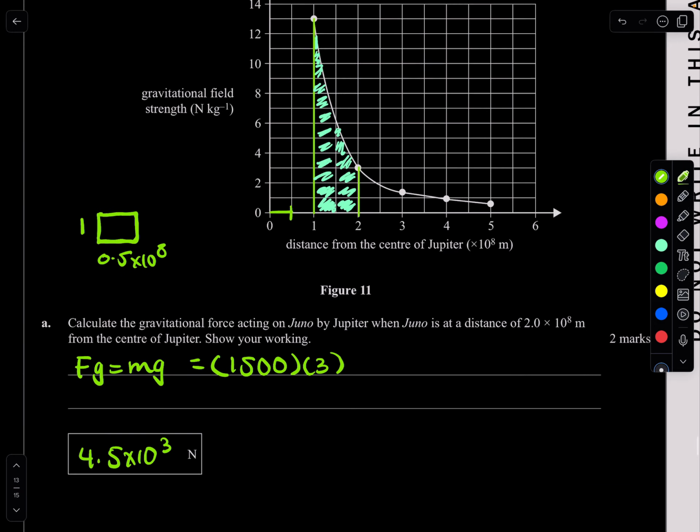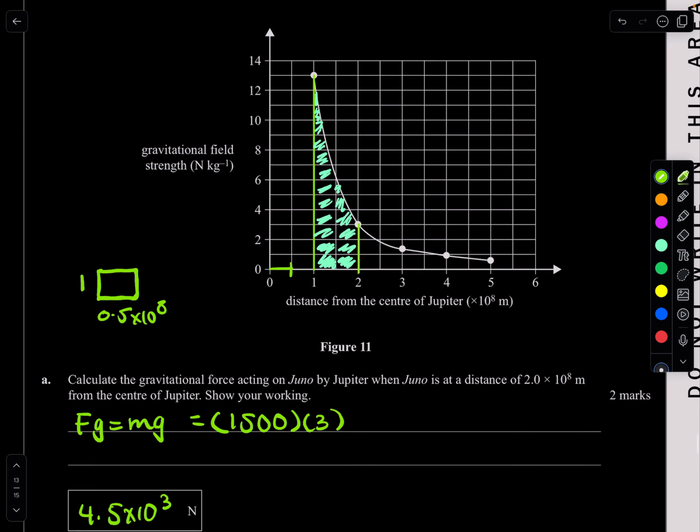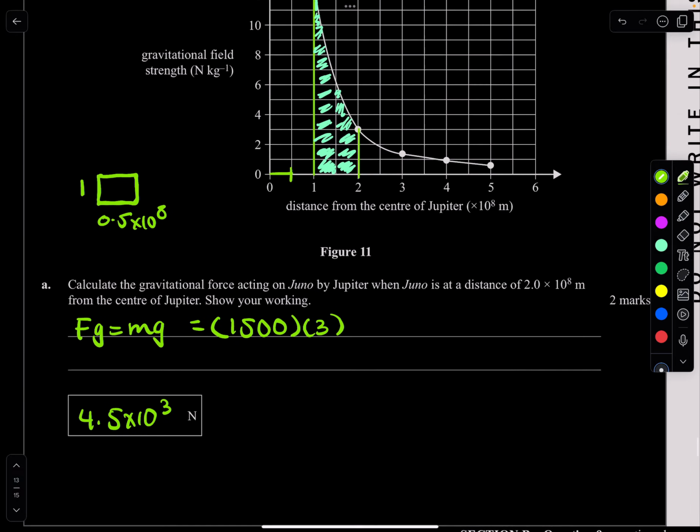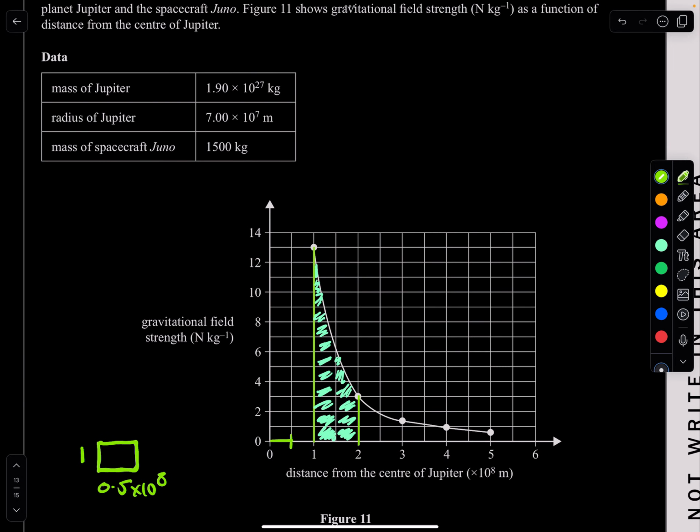They've given us the mass of Jupiter. Where is it? 1.9, so it says 1.9 times 10 to the power of 27. Is that right? Just want to double check it.